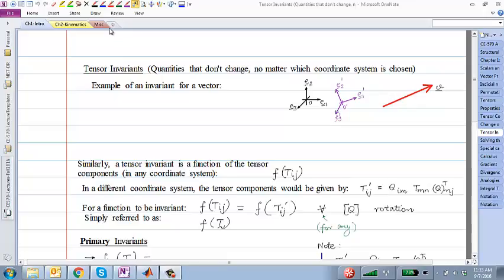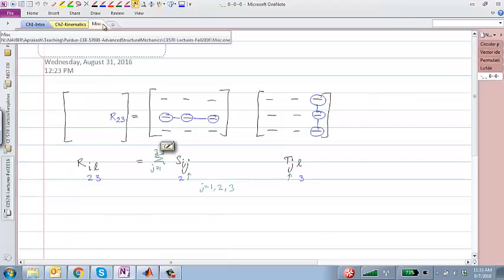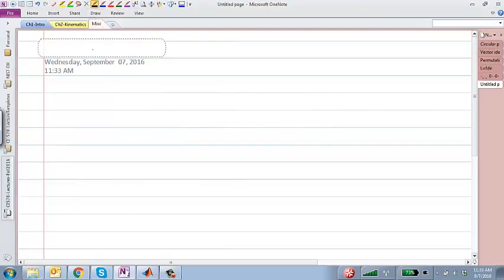Sure, I think that's a common question, so let me try to address that. I think you're talking about UI, TIK, SKJ, and VJ, right? This is an expression in indicial notation where you clearly see that I's are repeated, K's are repeated, and J's are repeated.